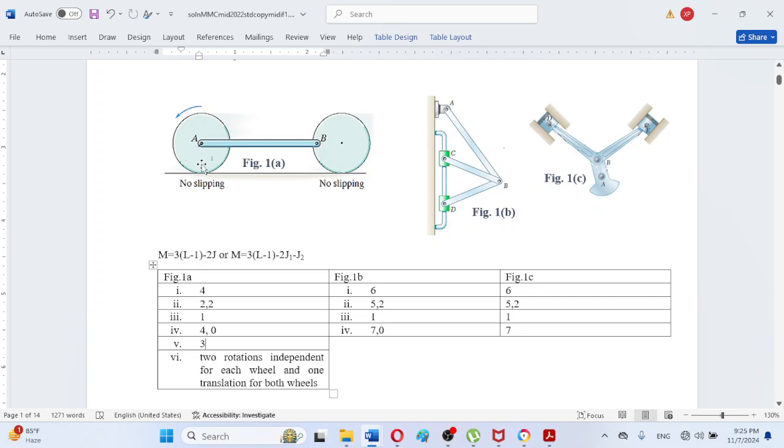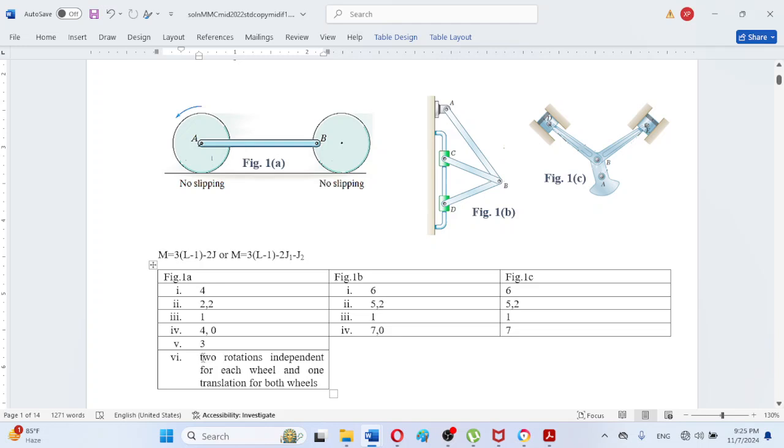These three links mean the left wheel, the horizontal bar AB, and the right wheel, and we can drag them as a unit on this horizontal surface in the right direction or in the left direction. So that will be the third DOF.